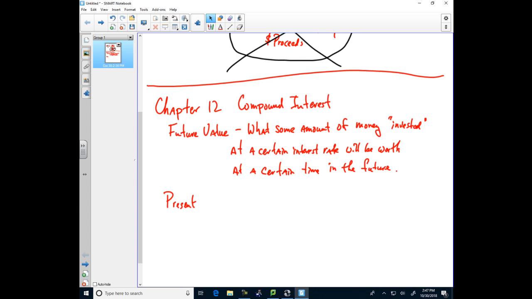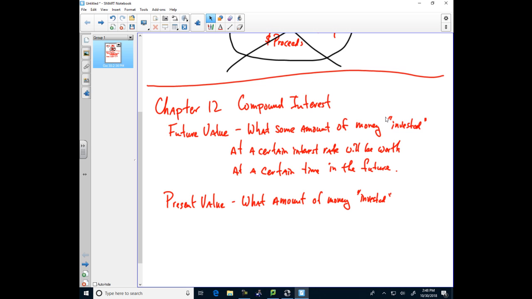Another part of this is present value. And this is different than future value in that you start off, the question is what amount of money I'm using the word invested here, but for the most part, we're talking about putting this in a bank.